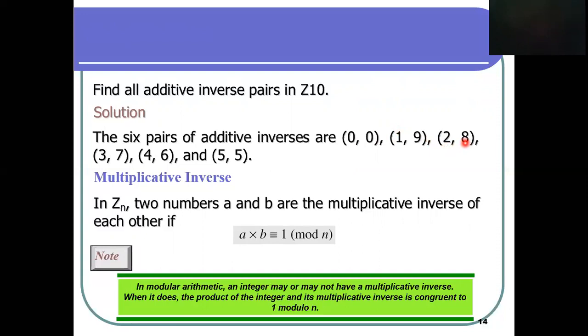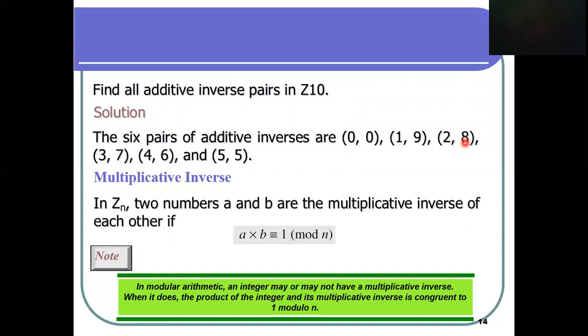2 plus 8 is 10. In congruence classes, when you add two numbers, you divide the result by the modulo, which here is 10.